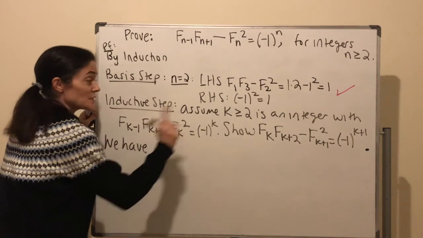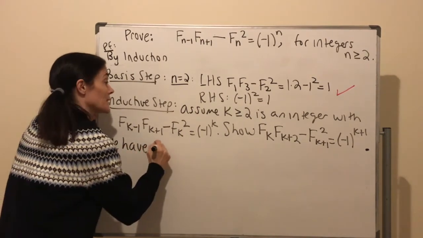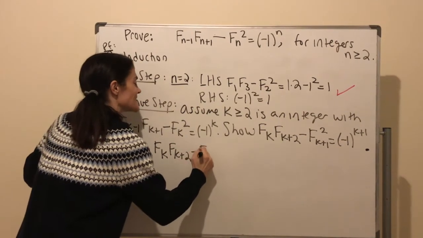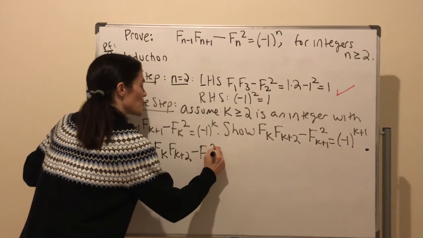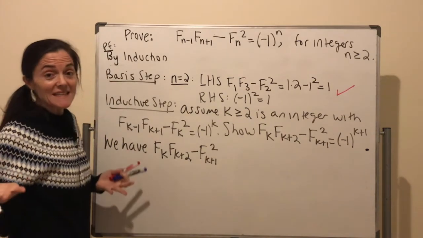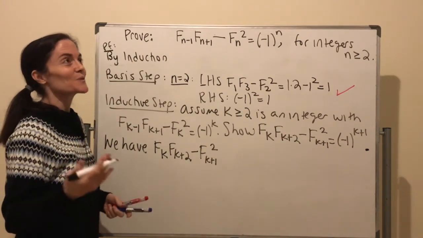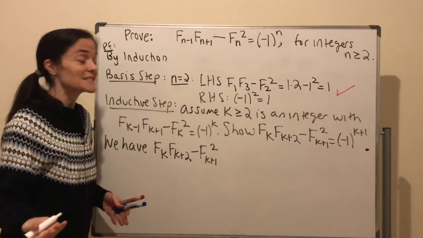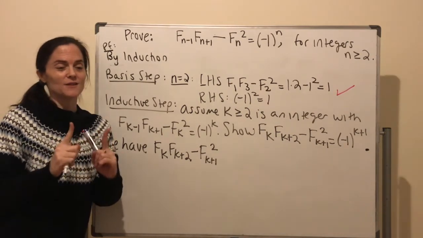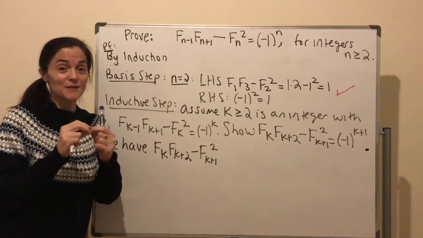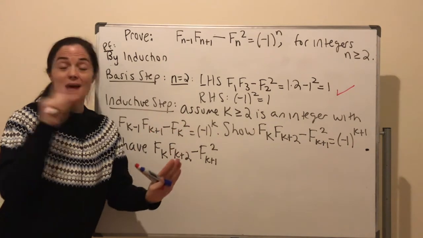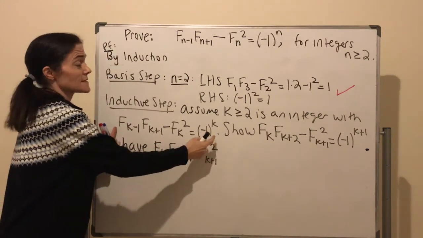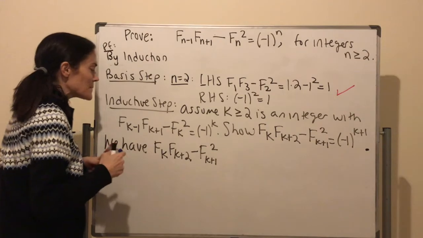Well, let's start with the left-hand side. This is f_k times f_{k+2} minus f_{k+1} squared. Now might be the time where you get stuck and you're not sure what to do, but we do know these are Fibonacci numbers. So we must use that if you take two consecutive Fibonacci numbers and add, you get the next one. That must be used somewhere. But also, we need to use the inductive hypothesis somewhere. So let me start.